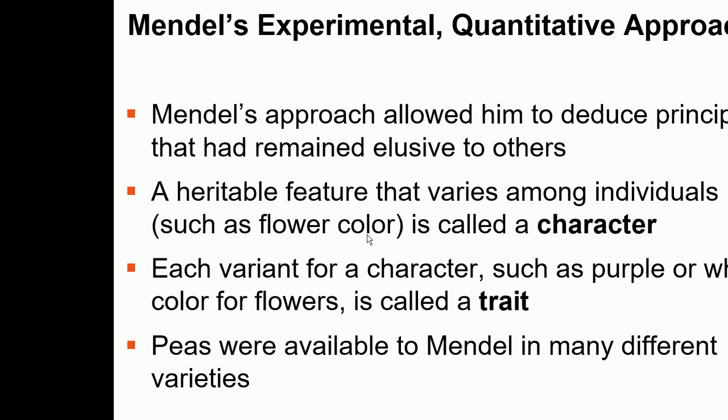Each variant for a character is called a trait. If you talk about flower color, which is a character, the flower color can be purple or white, and that is the trait. So flower color is a character. Whether the color is purple or white, that is the trait.